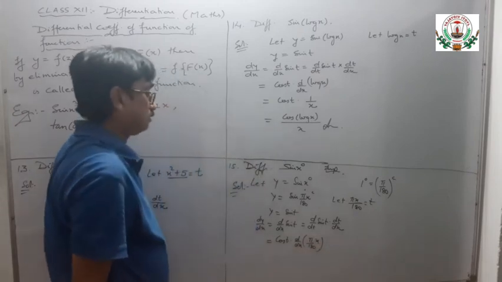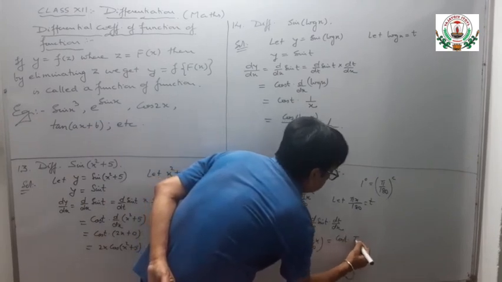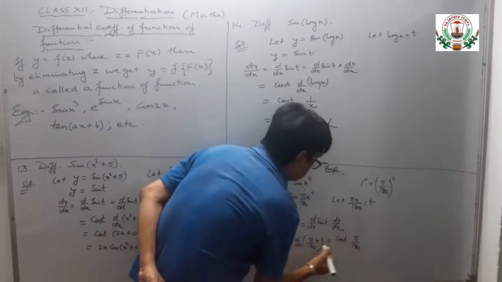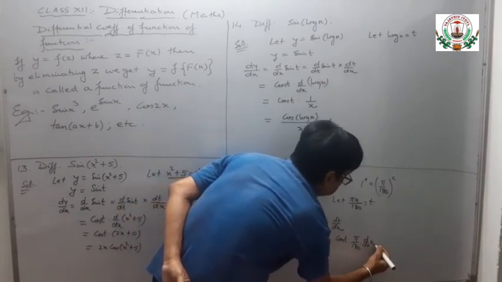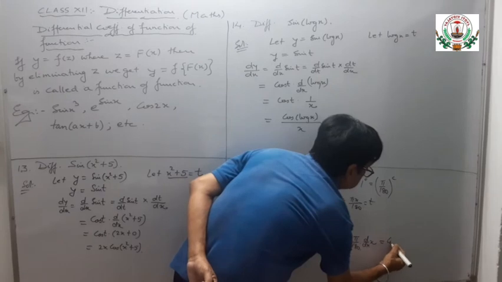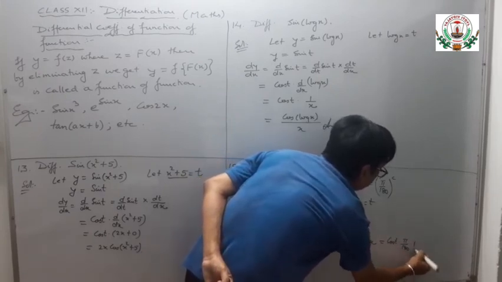So cos t, pi by 180 can be taken out as it is a constant value, and d by dx of x is 1, pi by 180 into 1.